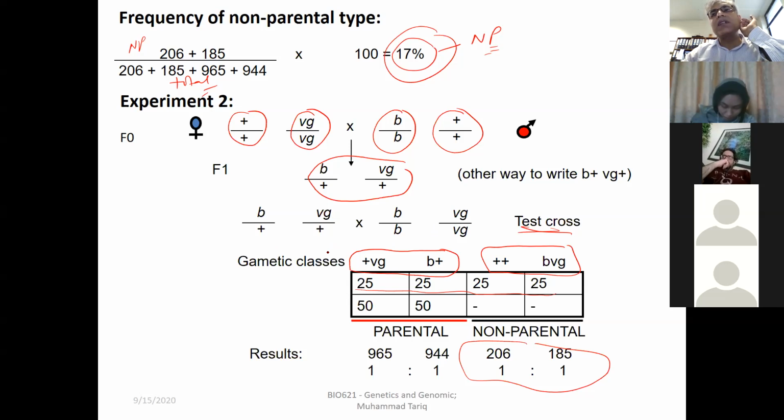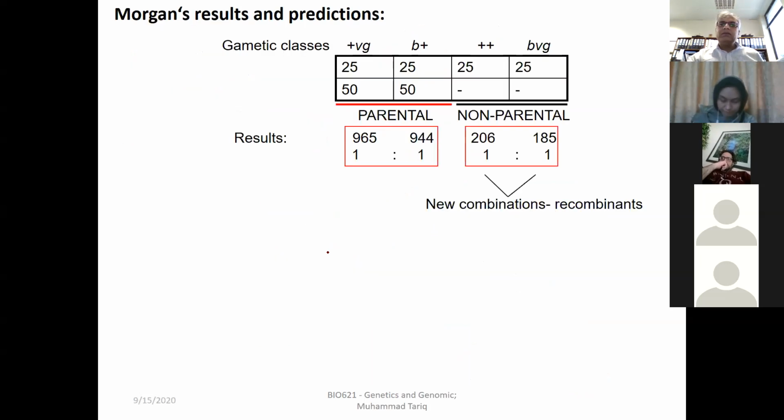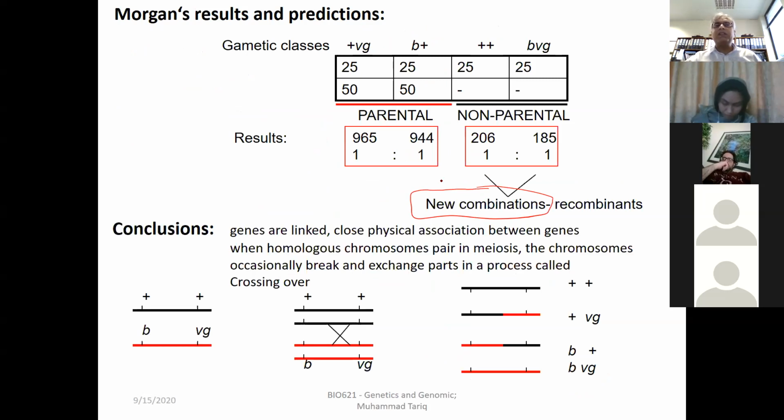Now, he named these non-parentals. He said these are called new combinations. And from here, the term evolved, which is called recombination or recombinants.